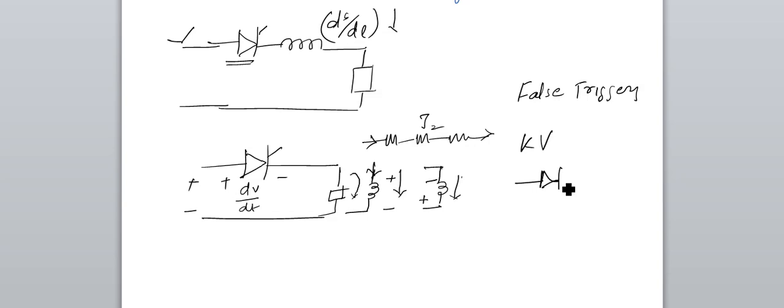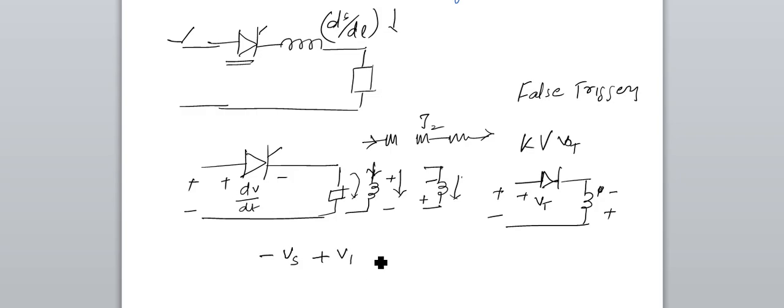SCR potential will be like this. So how much voltage is coming across it? Vt. So if you draw the voltage, Vt minus Vs plus Vt minus VL, that will be equal to 0.